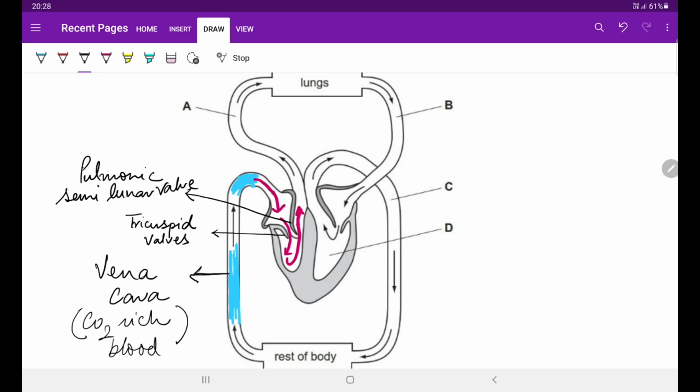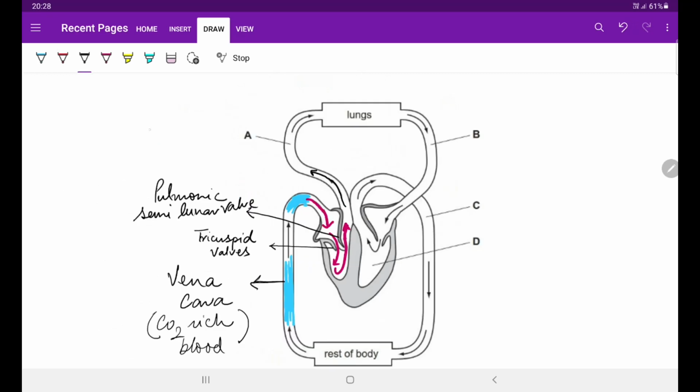And the blood vessel that carries the deoxygenated blood out of the heart to the lungs is called the pulmonary artery. It is labeled as A.